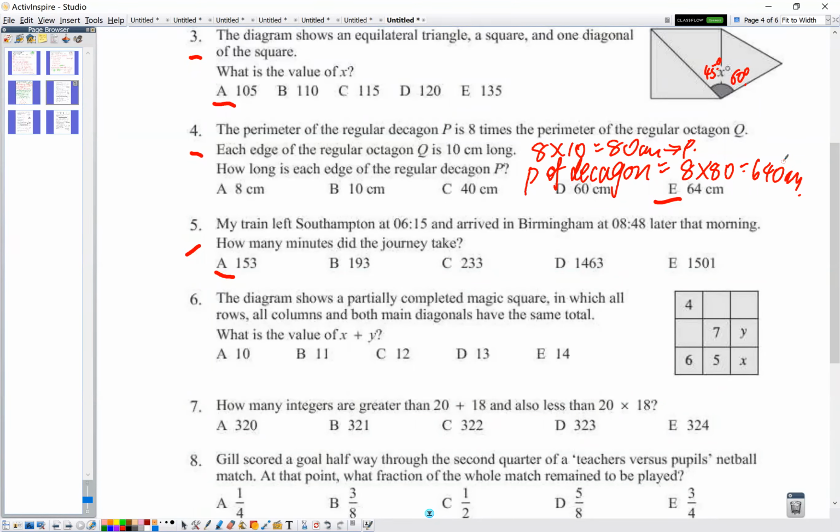So therefore the length of each edge is 640 divided by 10, and so it becomes 64. Okay, 64. This is how you get the value.